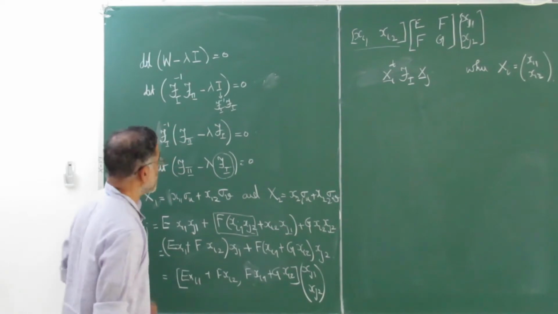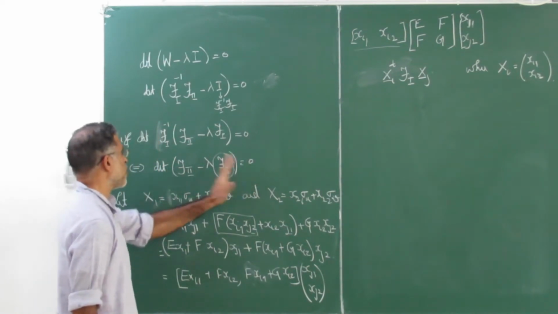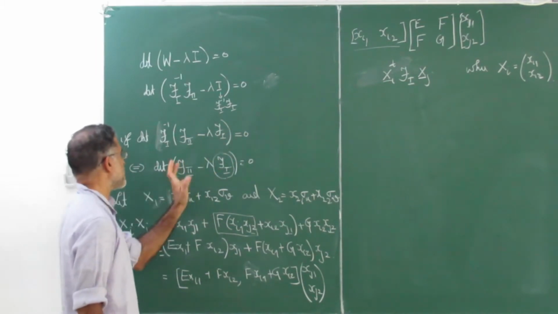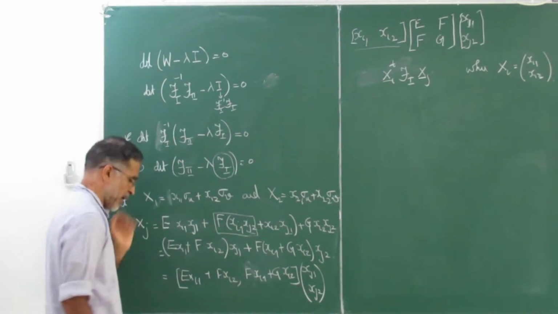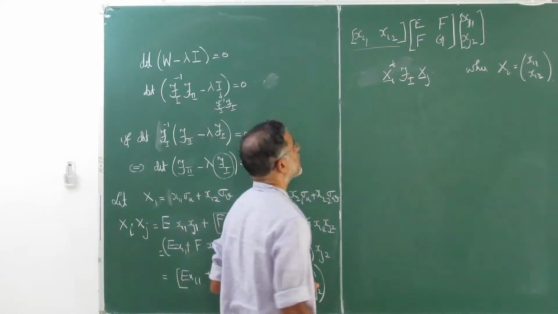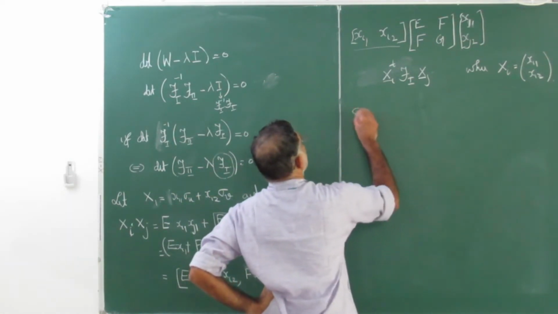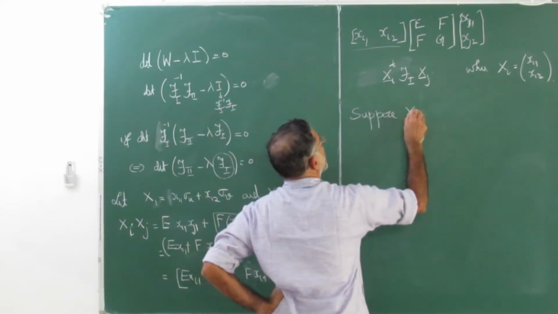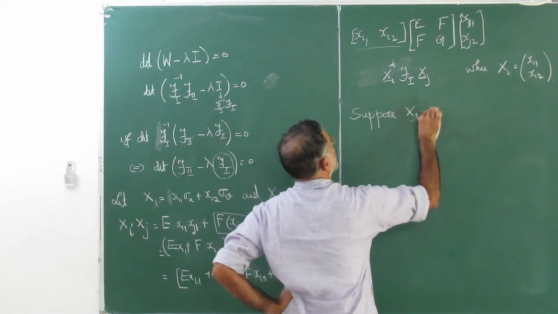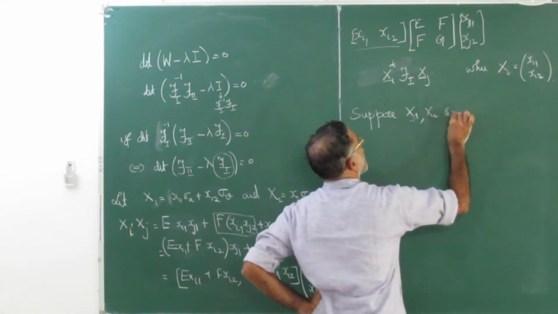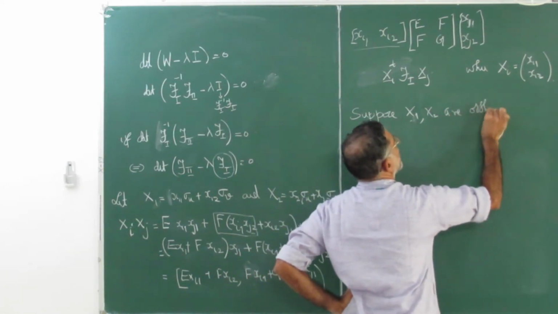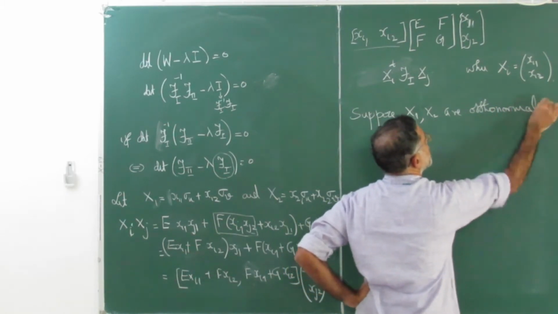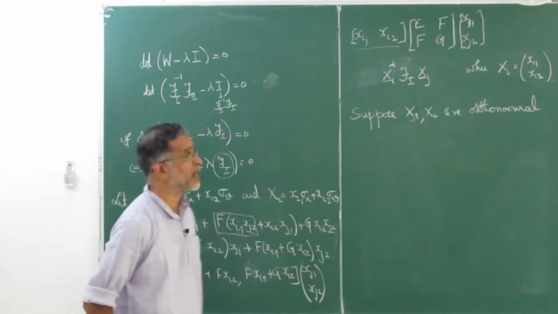Okay, so once you have understood, we are going to symmetrize this. Actually, we are not even symmetrizing, we are just taking the transpose and doing it. But there is one way we can do it very conveniently. Suppose x1, x2 are orthonormal. So let us take orthonormal.